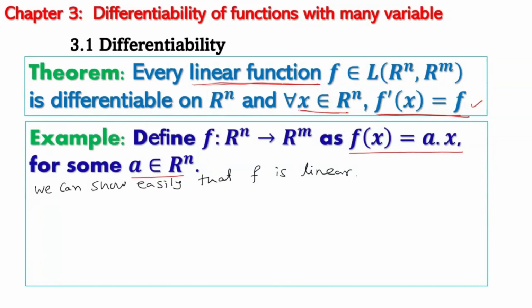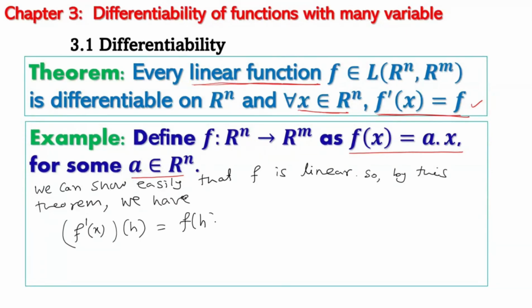Therefore, by this theorem, we have f dash x on h is equal to f of h, for all h belonging to Rn. So this is equal to a dot h.